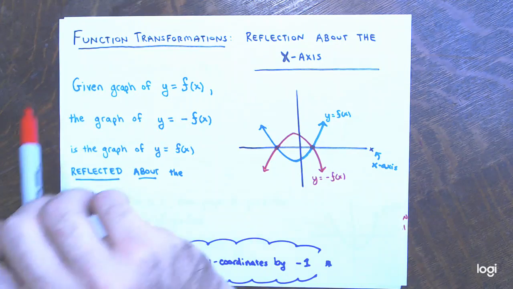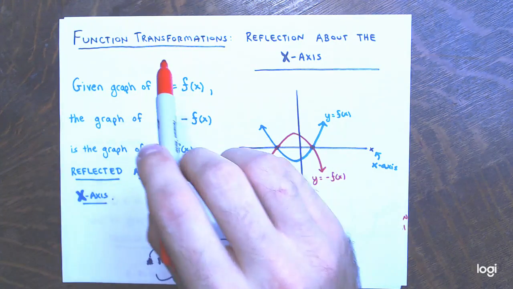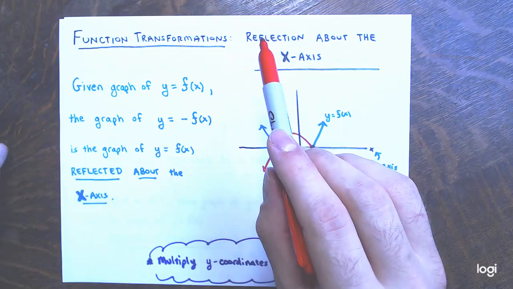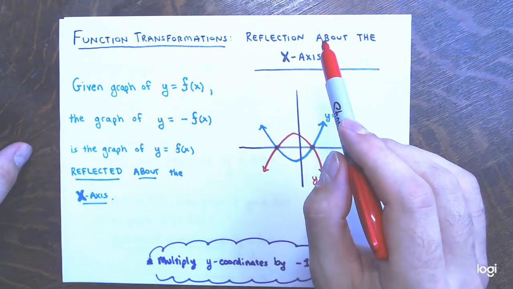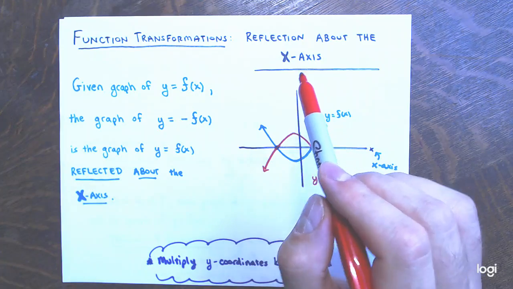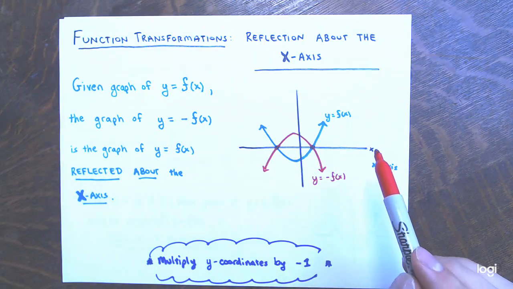So this is function transformations, graph transformations, and this transformation is a reflection about the x-axis, the horizontal axis, which I've pointed out here in my little drawing.